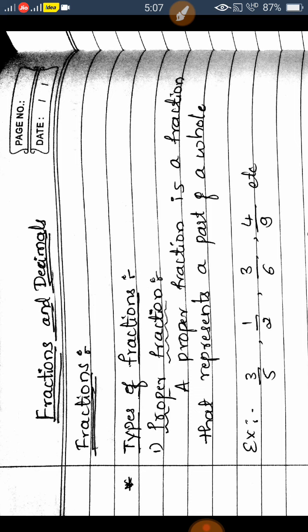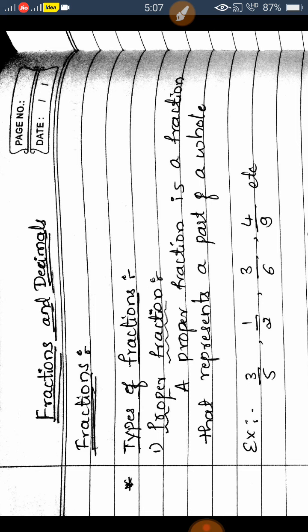Ascending order and descending order, how we can write or find them, all these we have studied already. Even the addition and subtraction of decimals we have studied, but only multiplication and division were not there. But once again I'll recall very quickly here about the fractions.